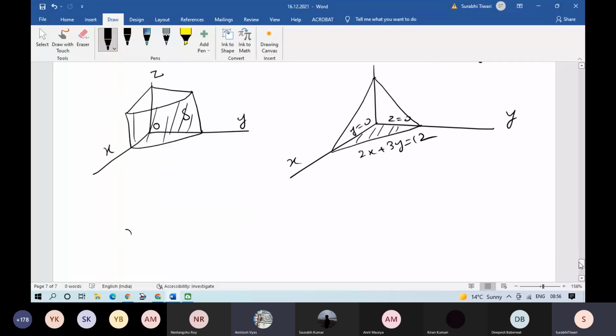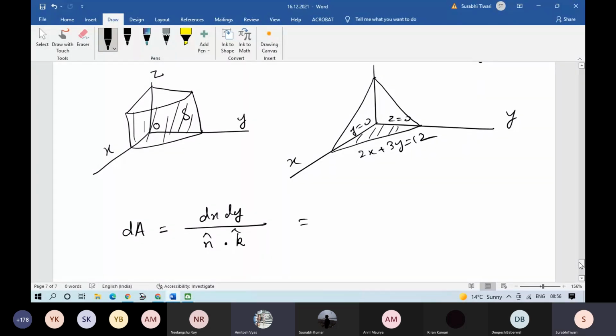Now you calculate the value of dA. dA क्या होगा? dx dy upon n cap into x और y के परपेंडिकुलर कौन सा यूनिट वेक्टर होगा? k cap.